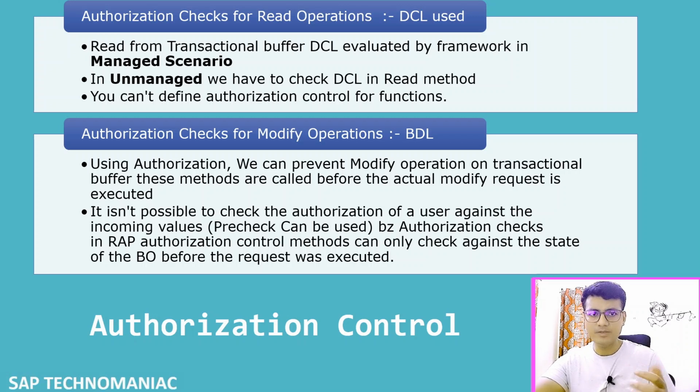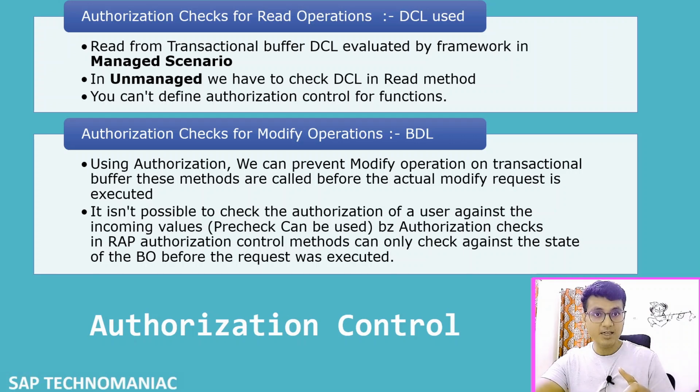When we read the data from the database, DCL will take care, but when we are reading the data from the transactional buffer, we have to take care. Again, there are two things, one in the managed scenario, second in the unmanaged scenario. In the managed scenario, applying the auth object when reading data from the transactional buffer will be taken care of by the framework.